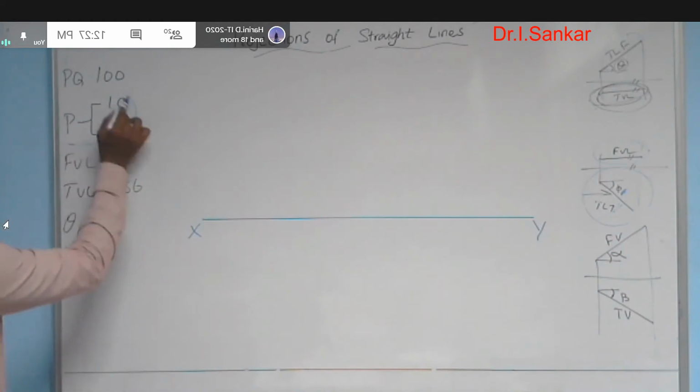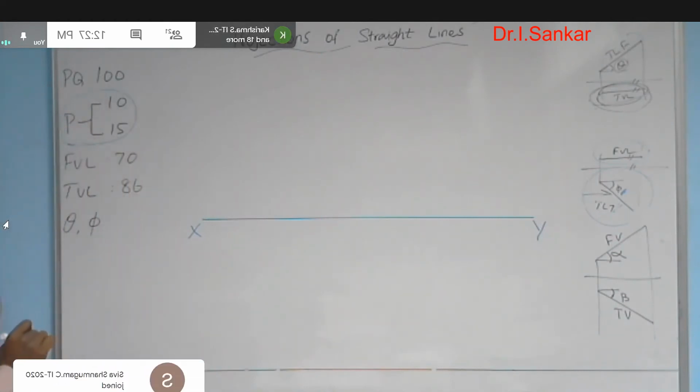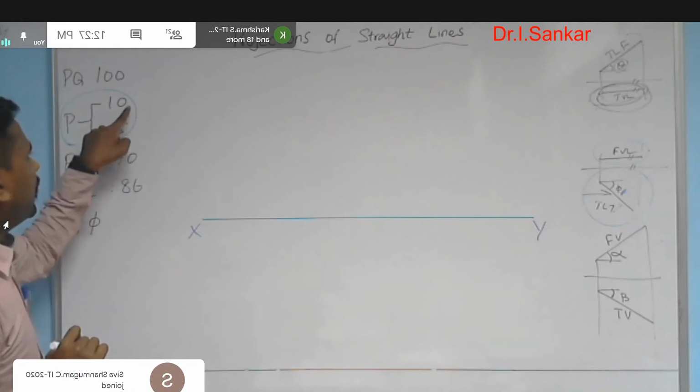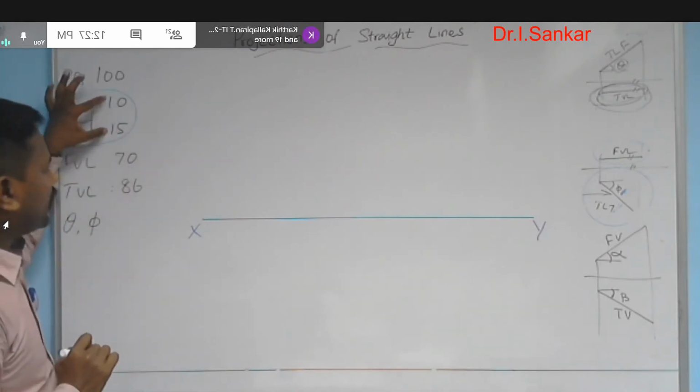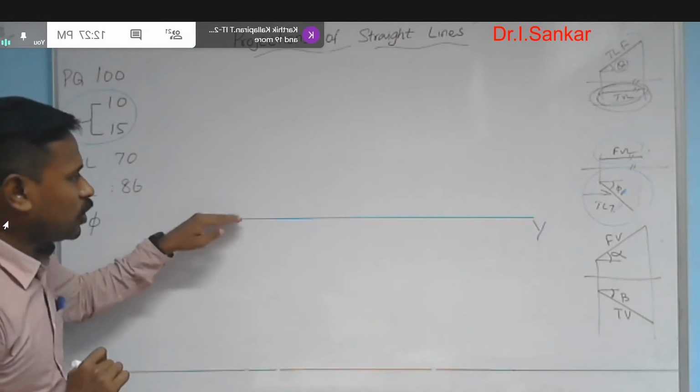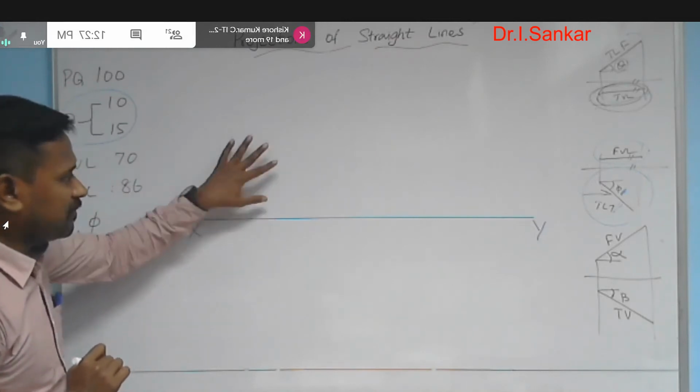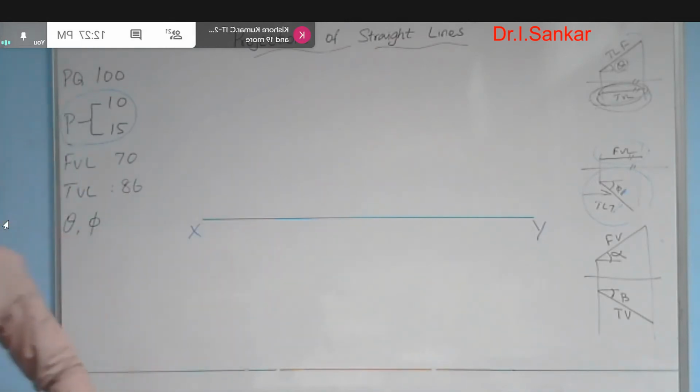That is, the one end P of the line PQ is located 10 mm above HP and 15 mm in front of VP. By using these two data, we can draw the locus of the end P in the front view and the top view. Do it now.